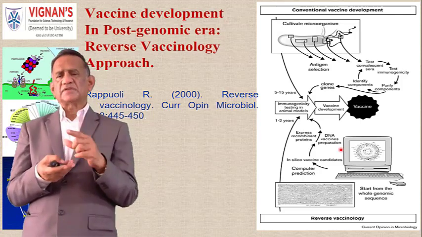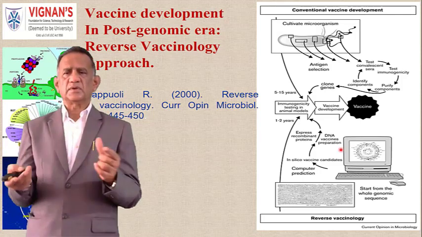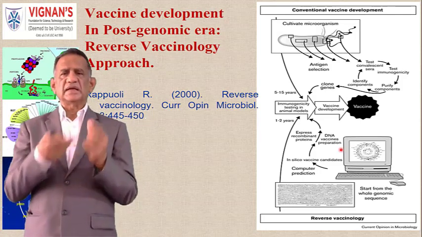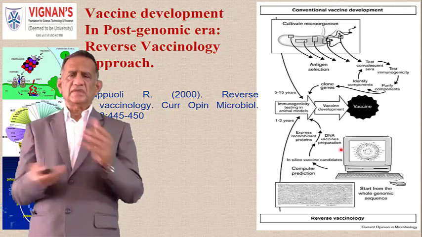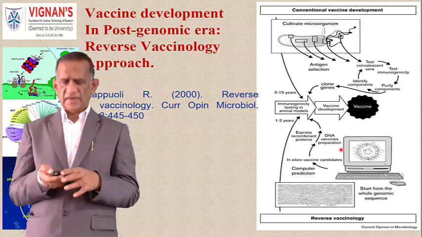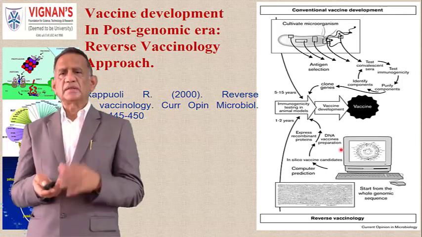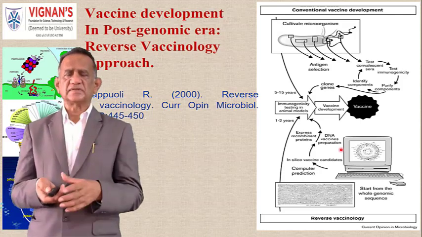So that plasmid gives the epitope sequences that can be purified, and you can make the vaccine. That's what reverse vaccinology is, with which we can make this vaccine at the earliest.